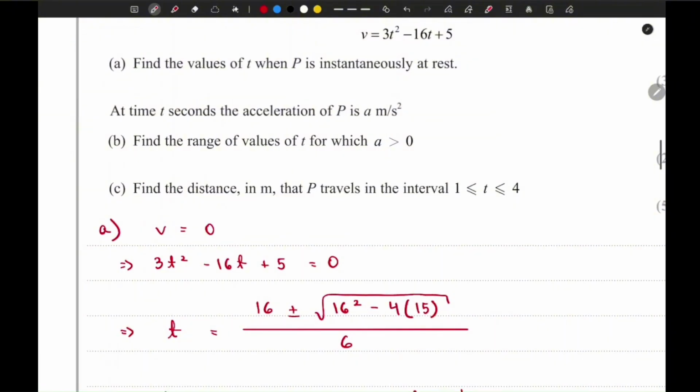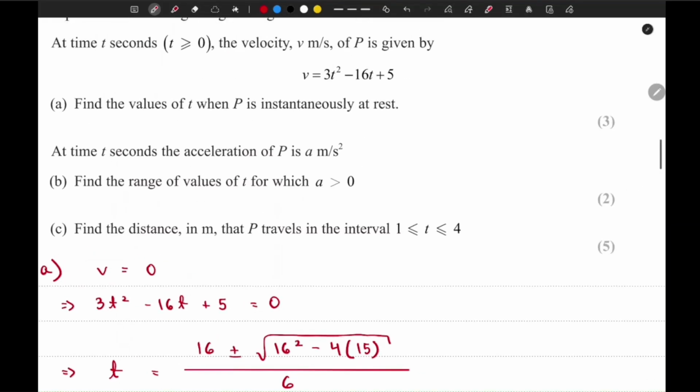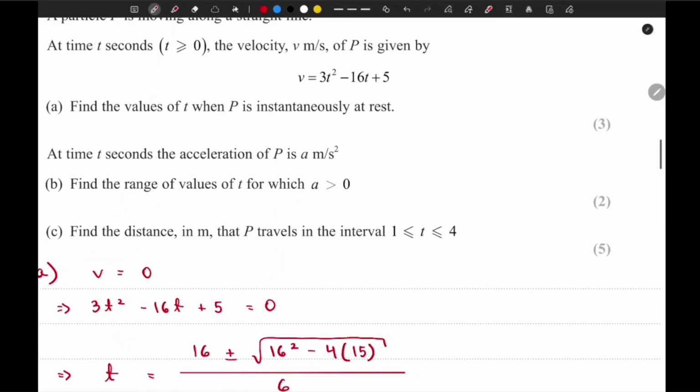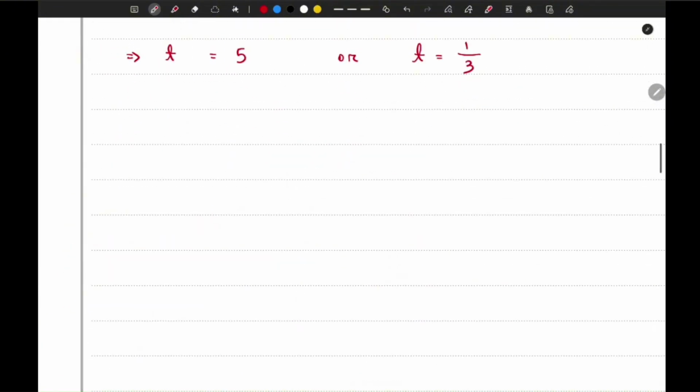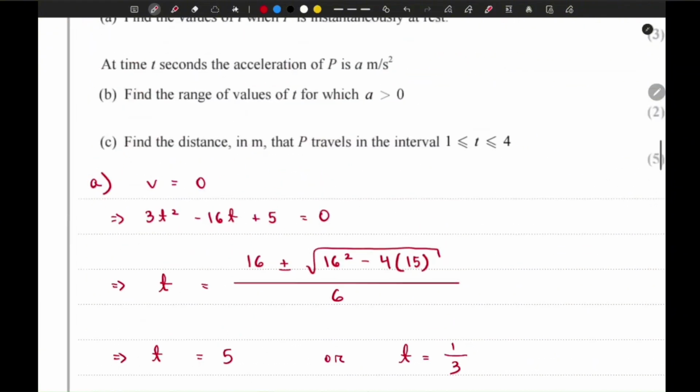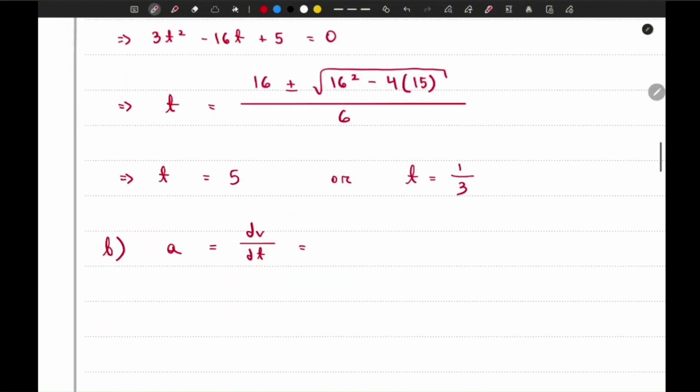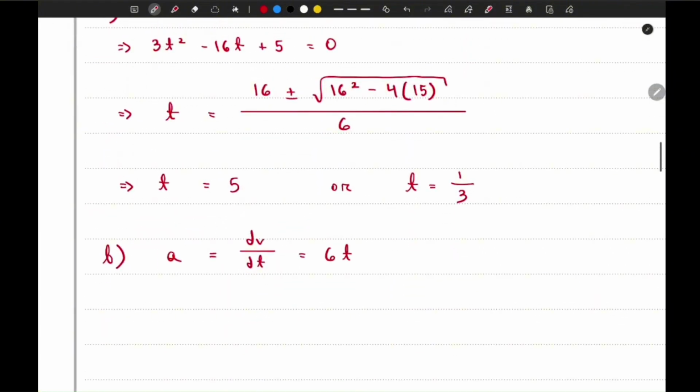At time t seconds, the acceleration of P is a meters per second squared. Now we know that if we differentiate the equation for the velocity, we will get the acceleration. So first of all, let's differentiate this. We know that a is equal to dv over dt, and dv over dt will give us 6t minus 16.